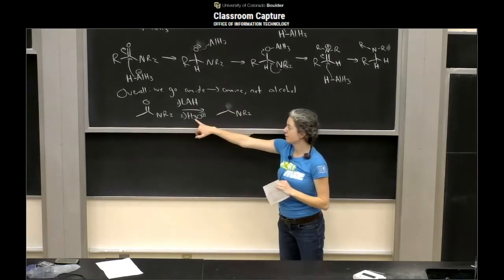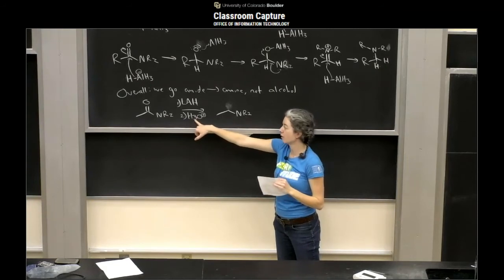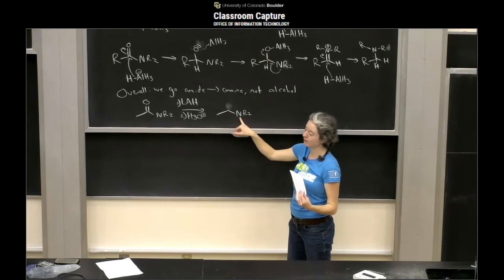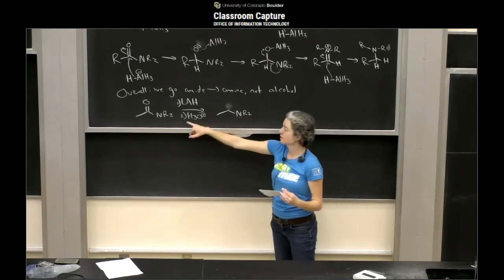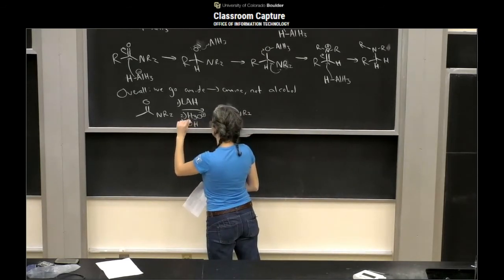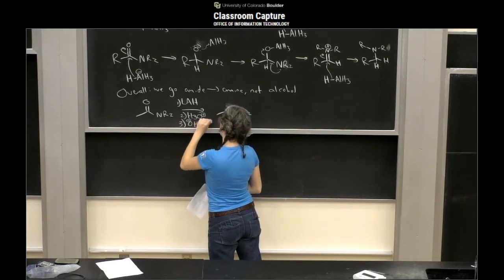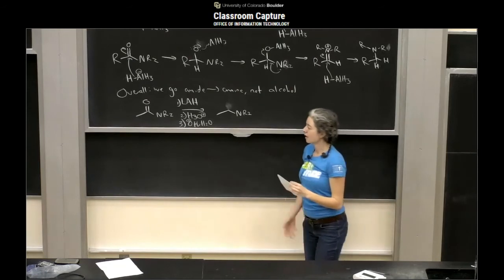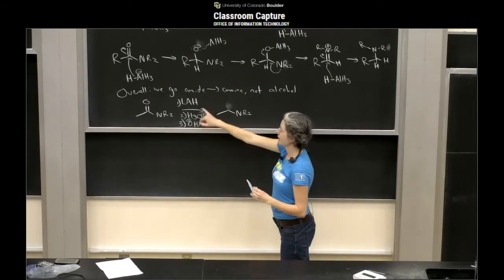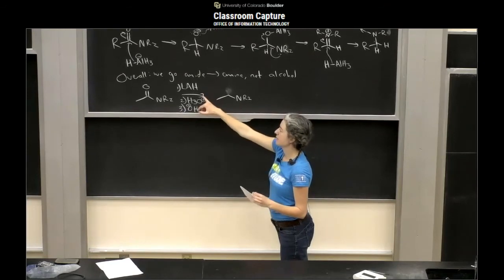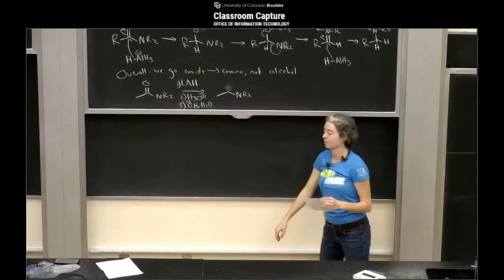The problem is if we just do the acidic water workup, given that we know amines are basic, that's going to leave us with the amine in the wrong protonation state. So for this particular case, we're going to have to add a basic water workup after that. So we do acid, then base, and then all of the lithium aluminum hydride is neutralized and the amine is in the right protonation state.